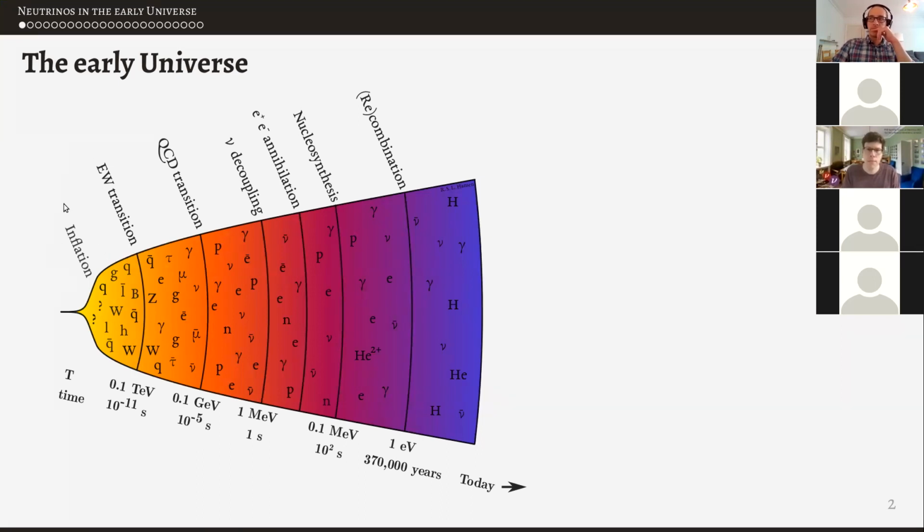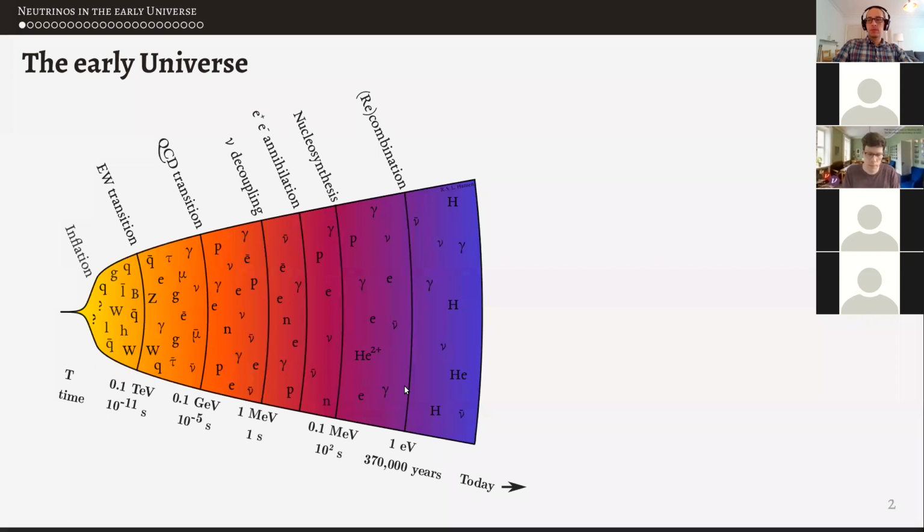We believe that the universe started with a period of inflation where the universe expanded very rapidly. Then it was followed by the electroweak phase transition, the QCD phase transition. And then we get down to temperatures around a few MeV, where we have neutrino decoupling, electron-positron annihilation, and nuclear synthesis.